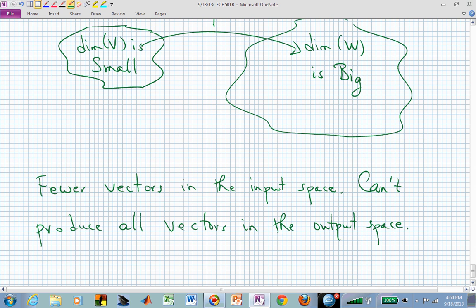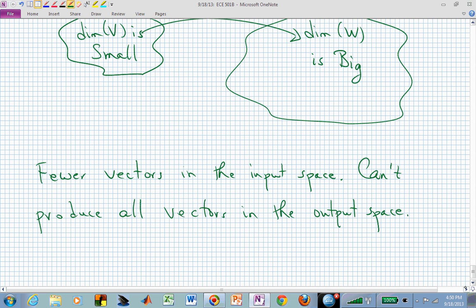Yes? So the big and the small are in relation. The question was, what is big and small, and what are they related to? It's related to the size of these vector spaces, domain and codomain, relative to their dimension.